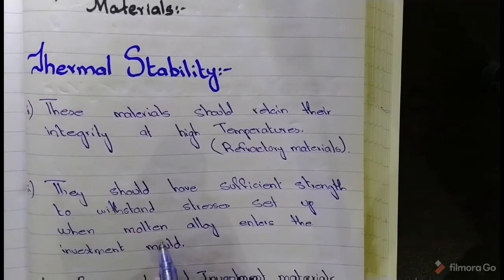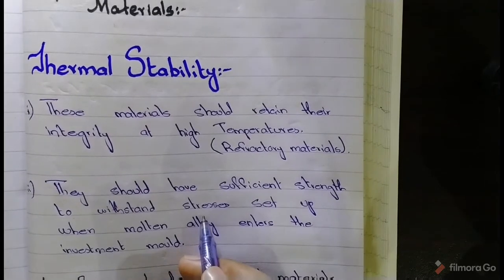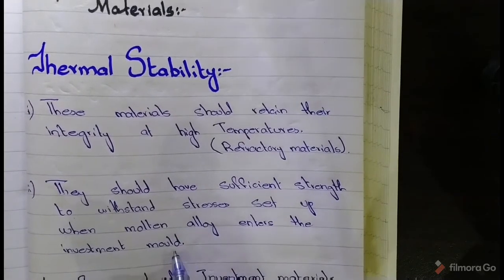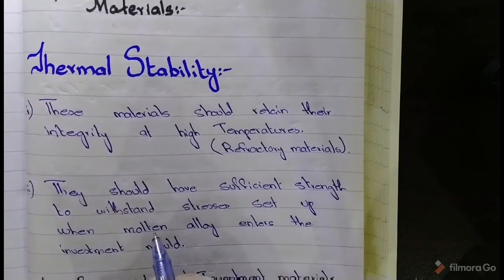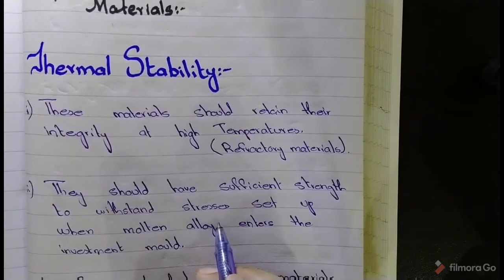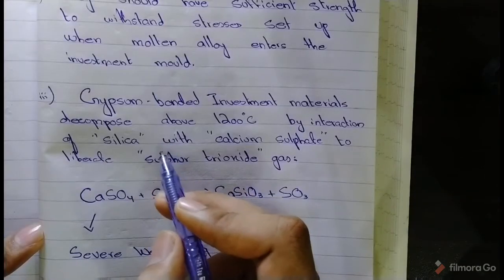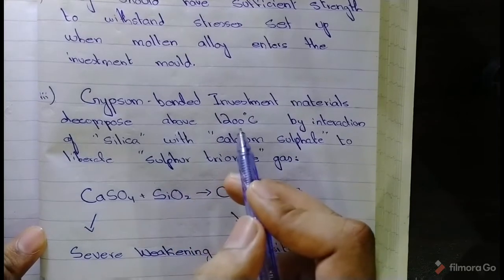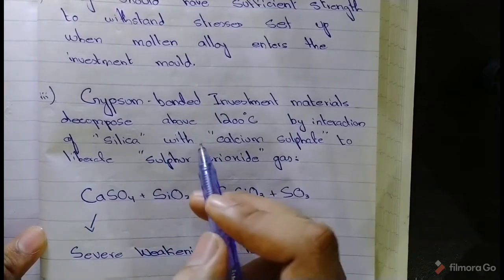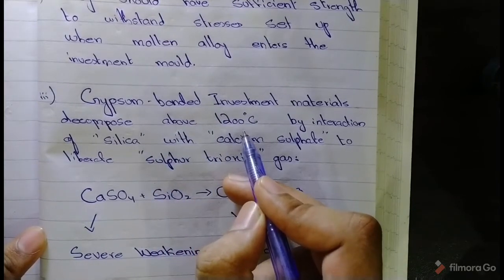When molten alloy at high temperature is cast into an investment mold, it produces stresses on the walls of the mold, so it should have sufficient strength to withstand those stresses. And now the third point, it is so important to remember that gypsum bonded investment materials decompose above 1200 degrees centigrade.